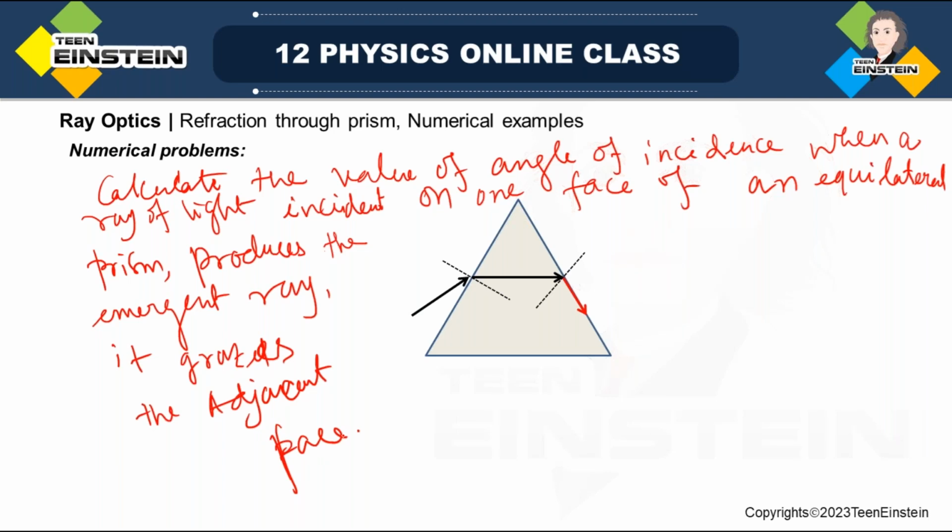Okay, what does that mean? So suppose this is an equilateral triangle. Here it is given that mu is equal to root 2. Then what do we have to calculate? We have to calculate the angle of incidence, this angle.